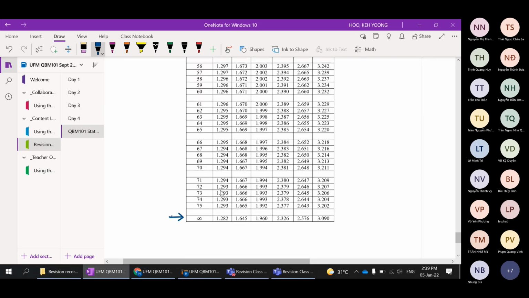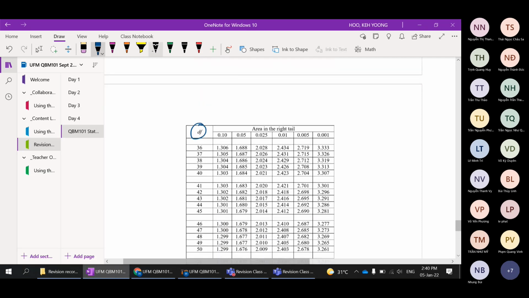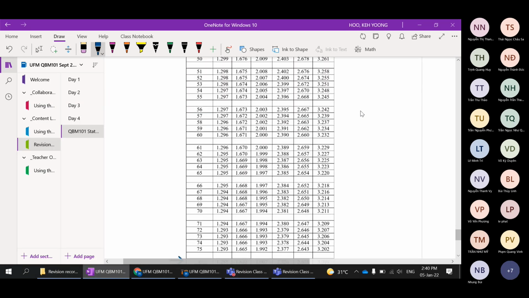We look at infinity, so all these will be the Z values for different areas. You have the area 0.1 meaning 10%, 5%, 2.5%, and so on. Depending on the area, you have different Z values.